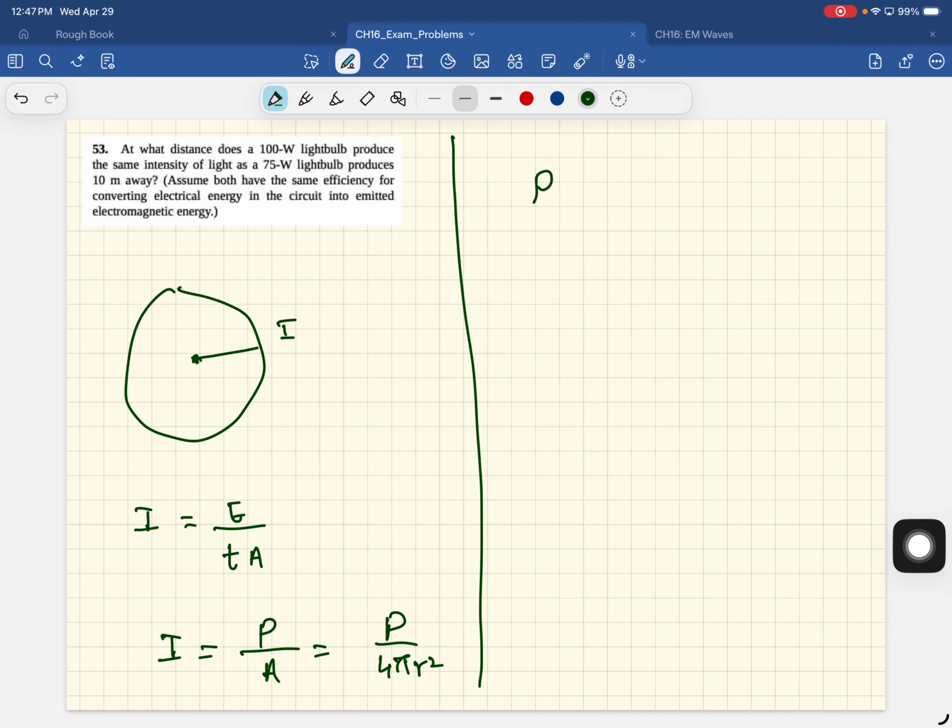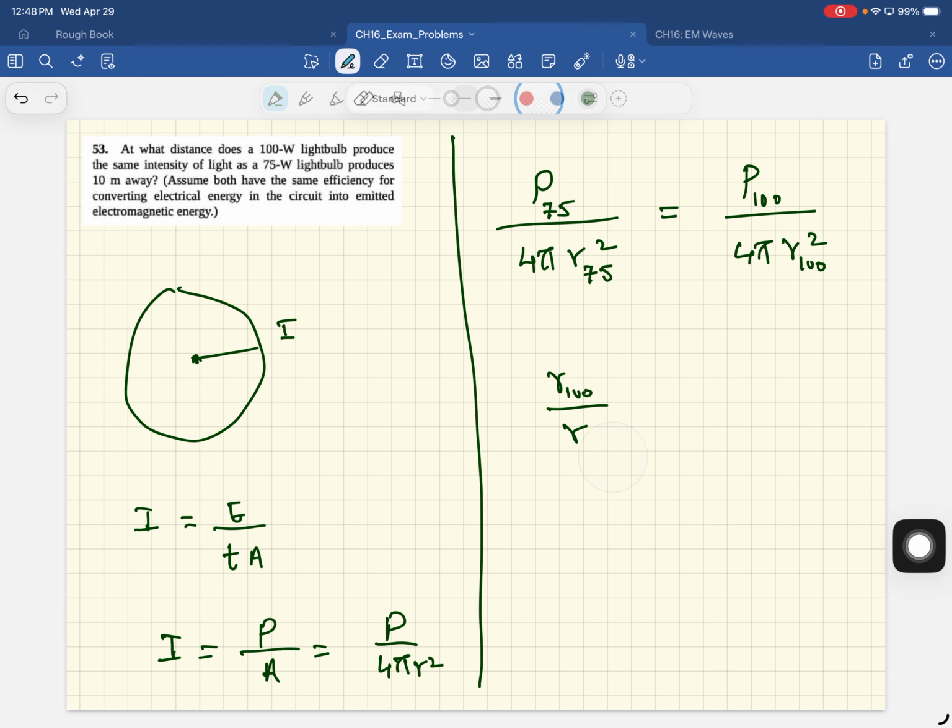Okay, so what we want is the 75-watt power over 4 pi 10 squared to equal the 100-watt power over 4 pi r squared. So 100 watts divided by 75 watts.